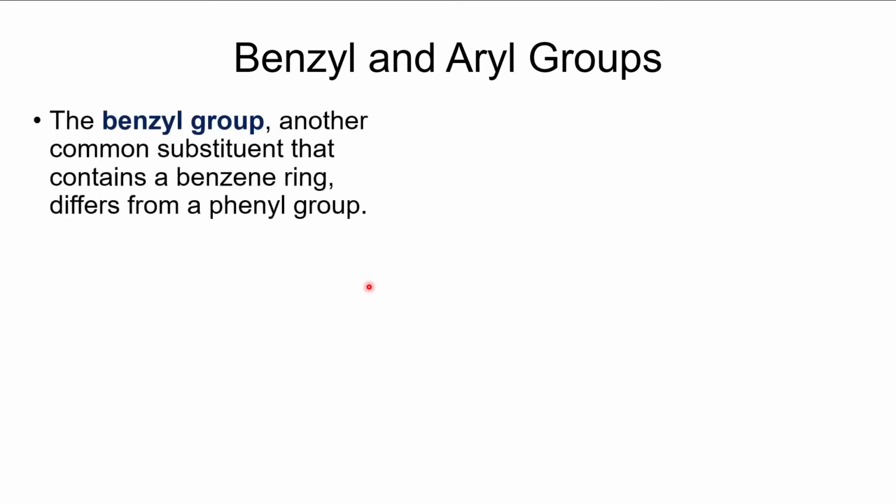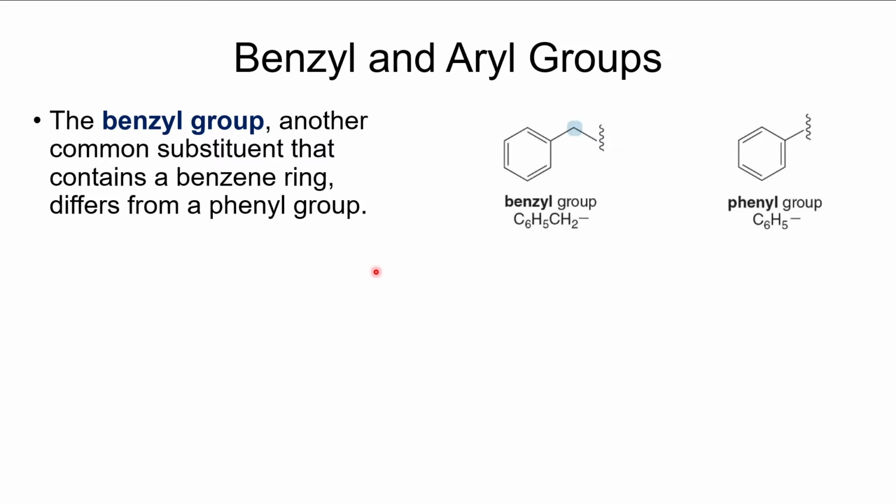All right, one other thing, and that's benzyl and aryl groups. The benzyl group is a little bit different than a phenyl group. A benzyl group has a phenyl group in it, but it also has a CH2, and then that is attached to whatever your substituent is. So it's C6H5CH2. The reason that we separate out benzyl groups is that benzyl carbons have special reactivity.